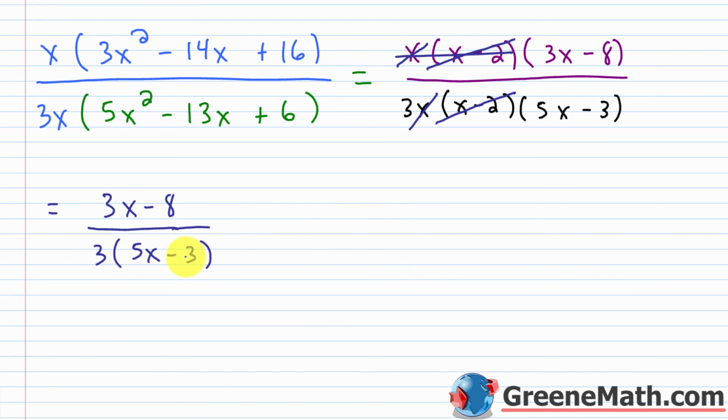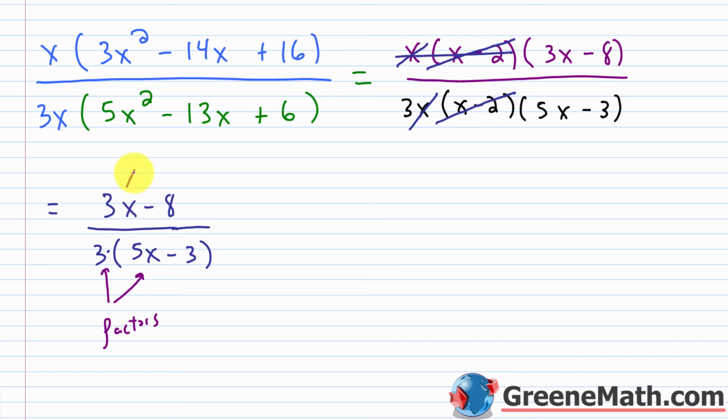And we keep this one inside of parentheses because this is multiplication here. And again, don't make the mistake of saying, well, I can cancel this 3 with this 3. You can't do that. It doesn't work that way. This is multiplication here, so these two are factors.